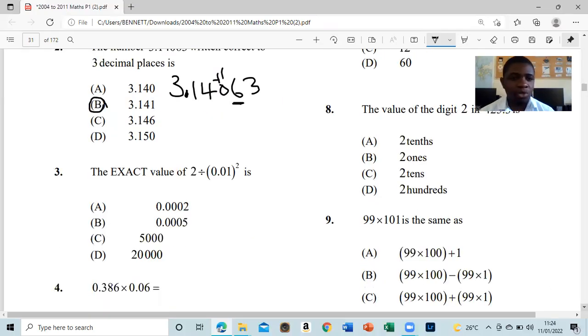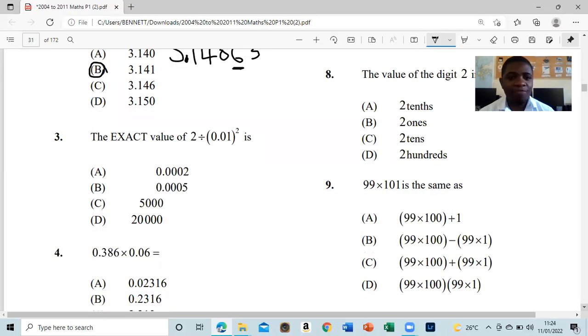All right, next we have the exact value of 2 divided by 0.01 squared. Now if you square 0.01, it means multiply it by itself, right? When we get the product, we're supposed to get 4 decimal places.